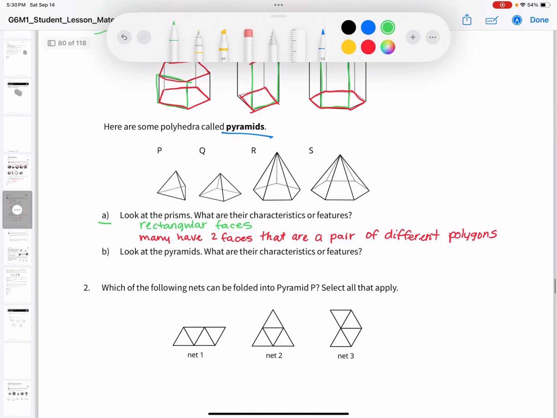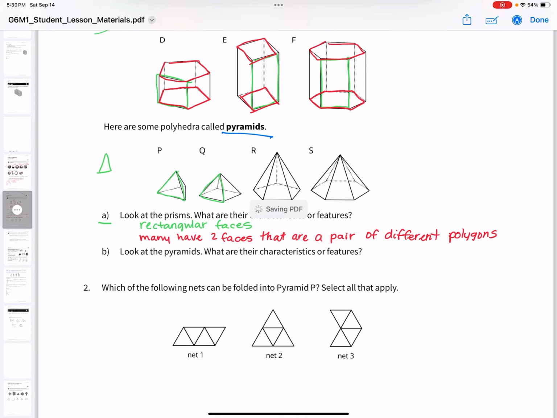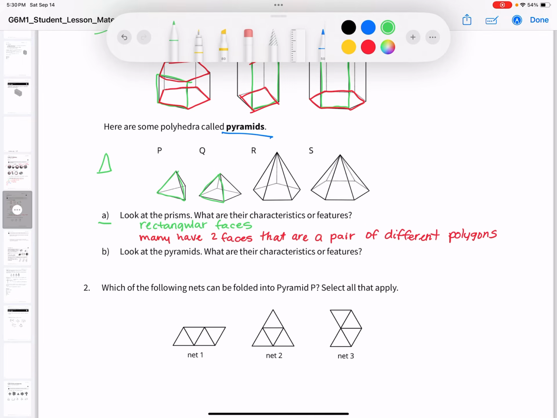Down here, we have the common shape of triangles. So do you see that? Triangle, triangle, triangle, right? So they all have triangles. But what's different from the prism to the pyramid is every side is a triangle except for the base.